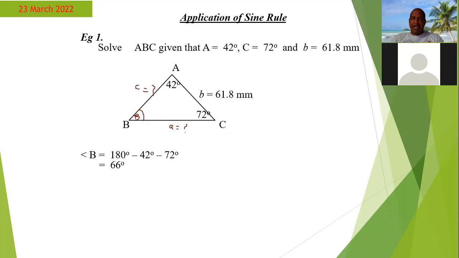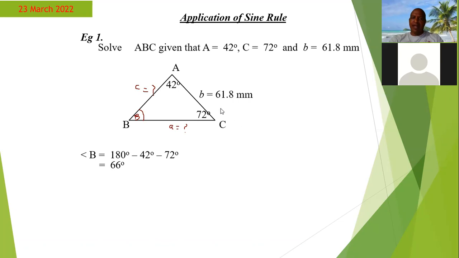Now, solving for the side A and the side C is not as straightforward as solving for the angle B. Here is where we will have to use the sine rule. How can we use the sine rule here? We have to use it with an angle and a side that we already know.